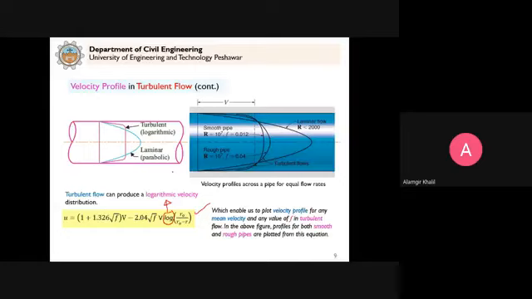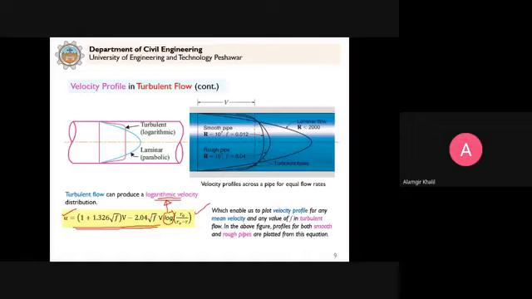We already saw a video last time in the class that experiments also support that it follows a logarithmic velocity profile. Clear? This equation has a proof, but for the sake of saving time, I skip the derivation.